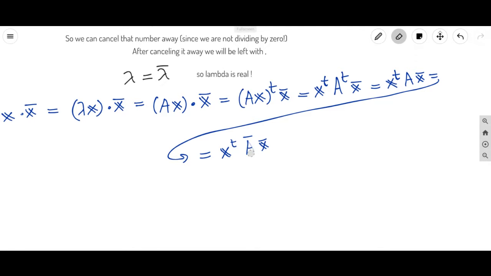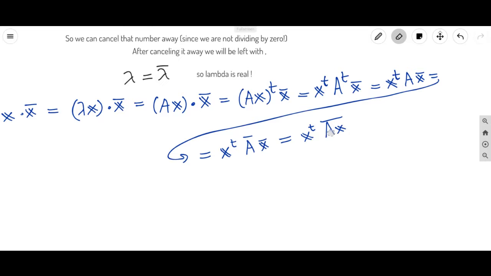Now it's convenient to say that this is equal to x transpose A x conjugate. You could put the conjugate over the product. This is the earlier property that we mentioned: in this case they're technically 2 matrices, but it's the same idea. If you're multiplying 2 complex numbers together with a conjugate, it's the same thing as multiplying them first and then taking the conjugate.